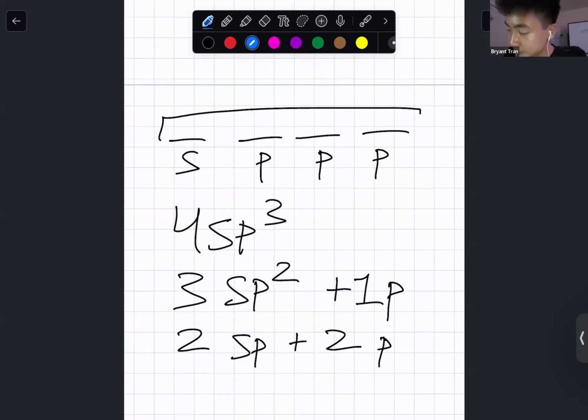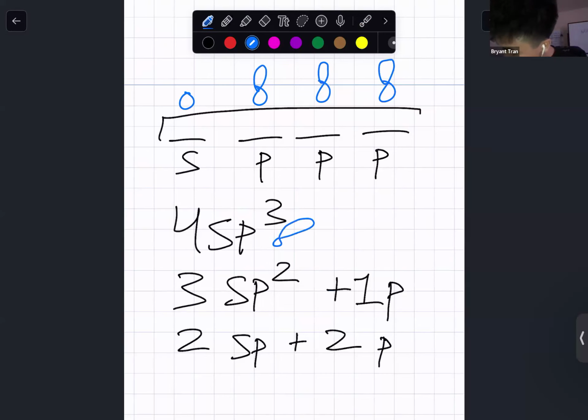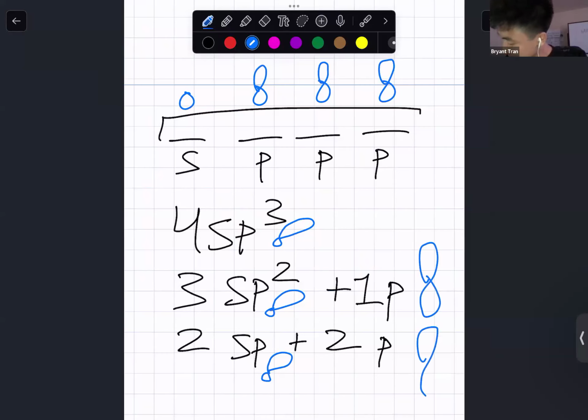And the shape of an s orbital is a sphere. The shape for a p orbital is going to be dumbbell shape like that, right? The shape for sp3, sp2, and sp orbitals are going to be like this, where there's one small lobe and one big lobe like that. And the p orbital is still going to be a dumbbell shape like that, right?